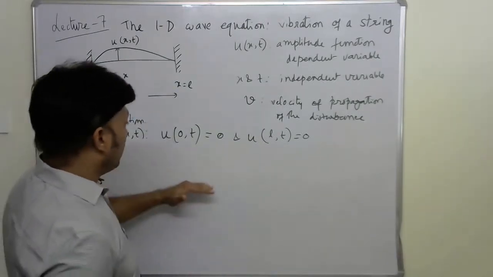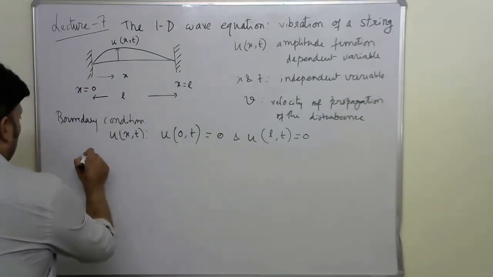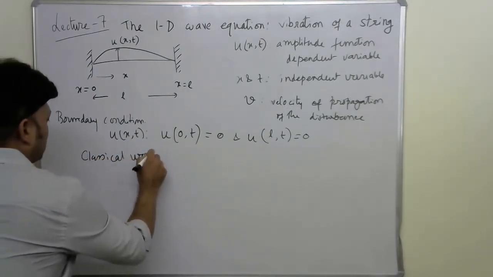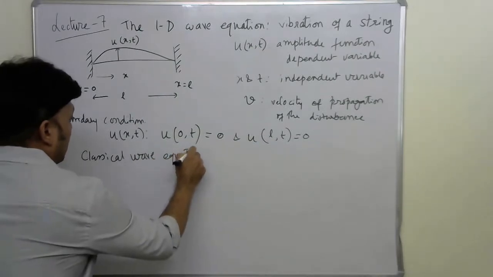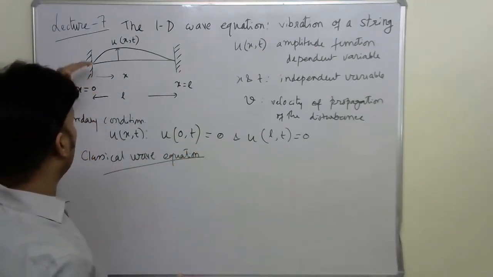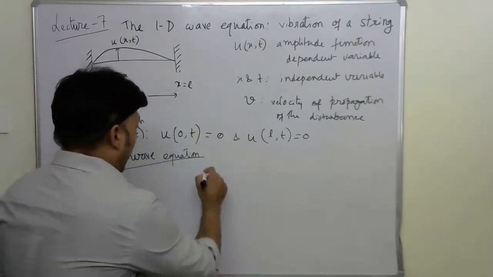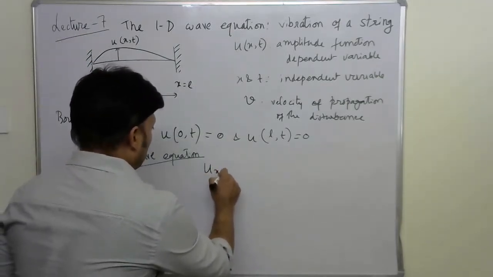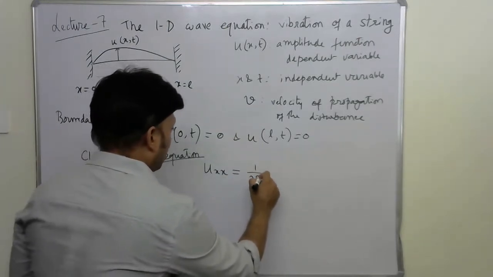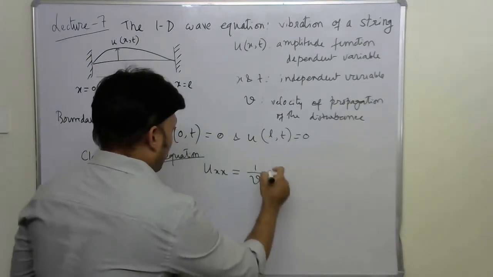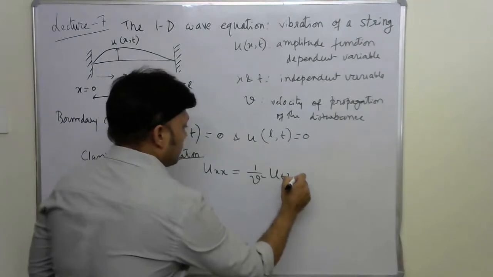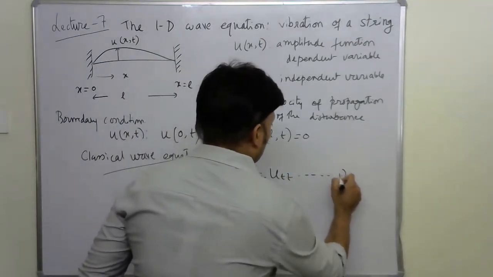Now let's directly write the classical wave equation. There is a partial differential equation already derived for this vibration of a string, and the equation can be written in terms of two partial double derivatives. We call it equation 1.